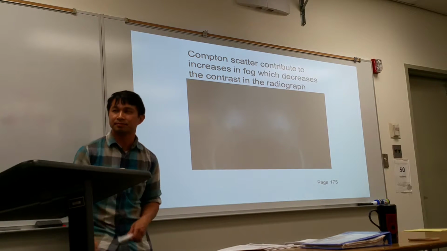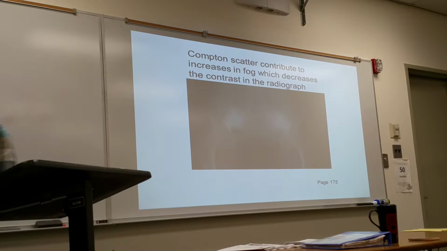Doesn't the ionization chamber fight against that? Ionization chamber? Yeah, that's also dependent. But no, because after the beam interacts with the patient, it produces that scatter radiation. The ion chamber just makes the image better in terms of the setting.